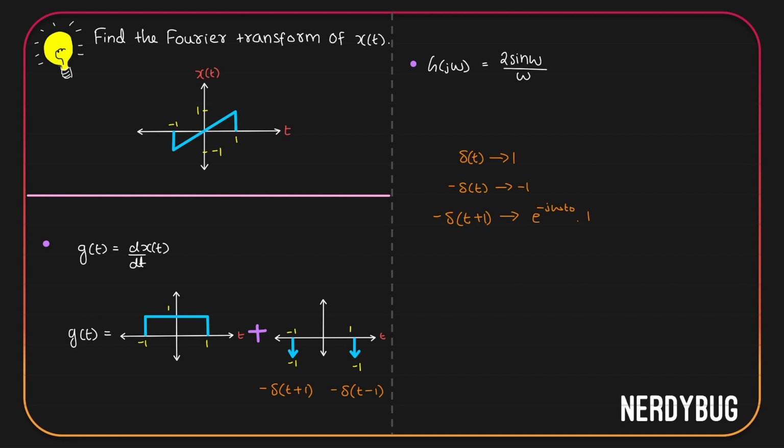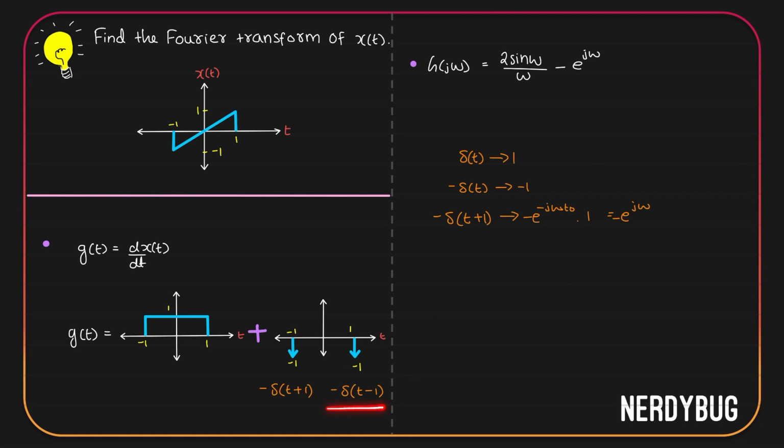Here t naught is minus 1. Applying that here, we get e raised to j omega. But this is minus delta of t plus 1. So this will be minus e raised to j omega. Let us add it to g of j omega: minus e raised to j omega.